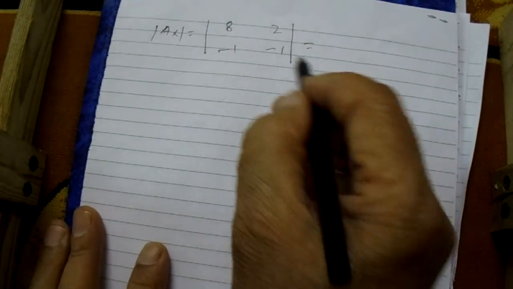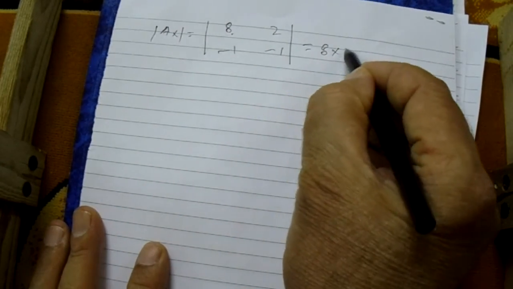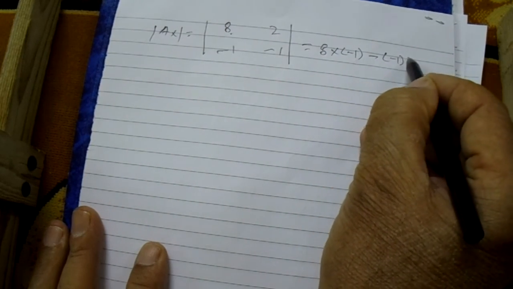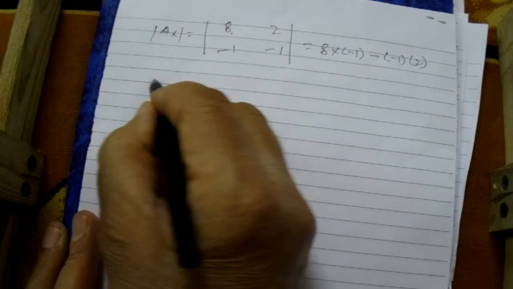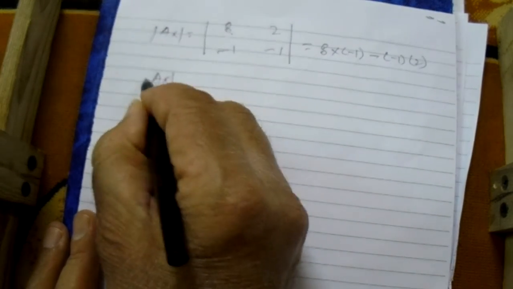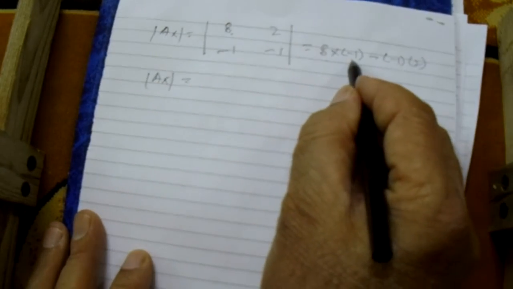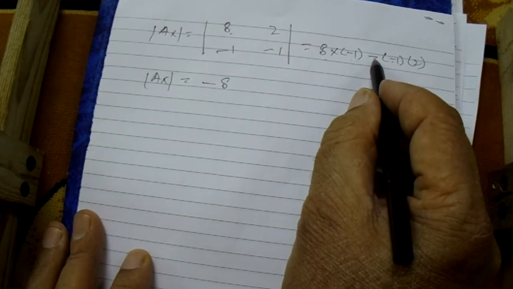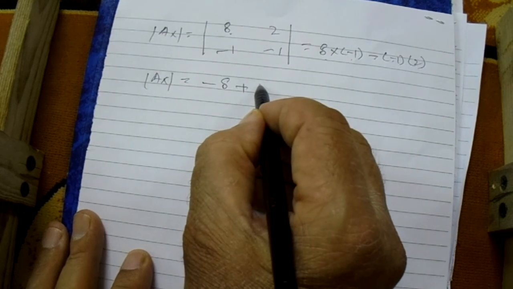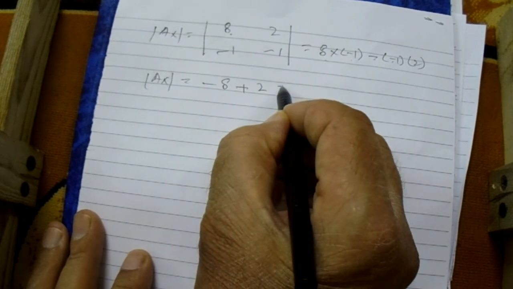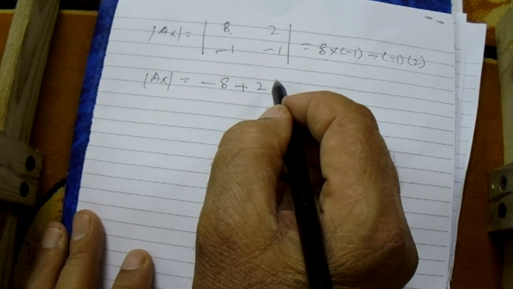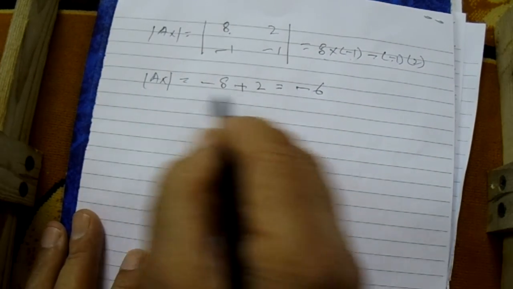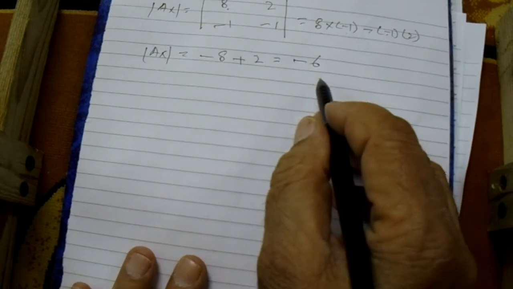Ax is equal to 8 multiplied by minus 1, which is minus 8, and this minus will multiply this minus, so this is plus 2. This plus 2 is equal to minus 6. Now that Ax is equal to minus 6.